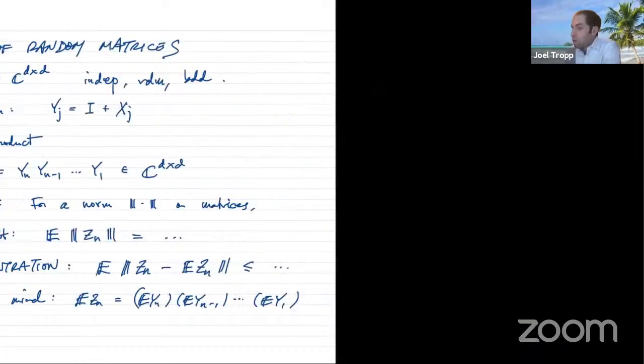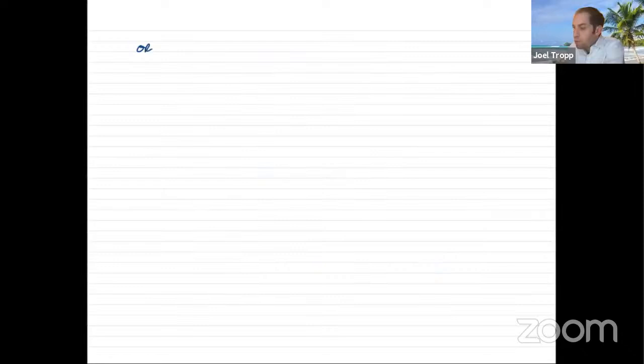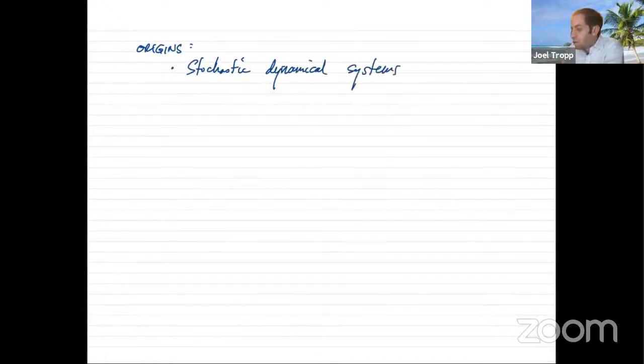Good. So where do these problems come from? Originally, they came up in the study of stochastic dynamical systems, which is an object of study in ergodic theory, control and related fields.